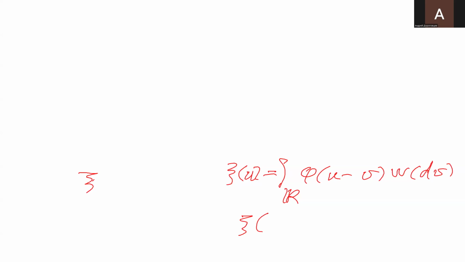Let me find some other notation like this. For example, f of u is equal to the integral from r of phi(u minus v), and here h is square integrable, h(v) dv. These are all admissible shifts for psi.